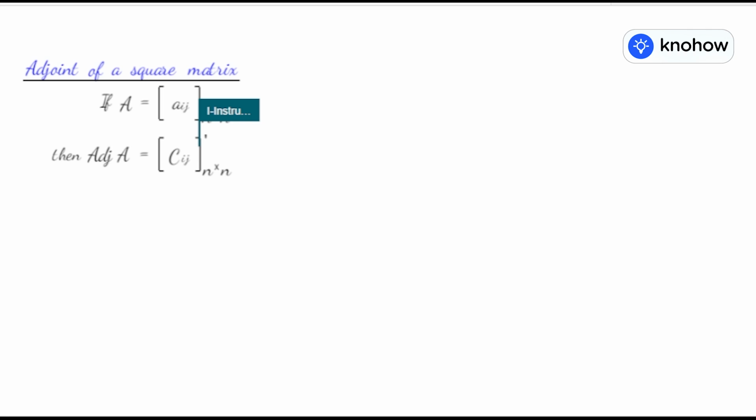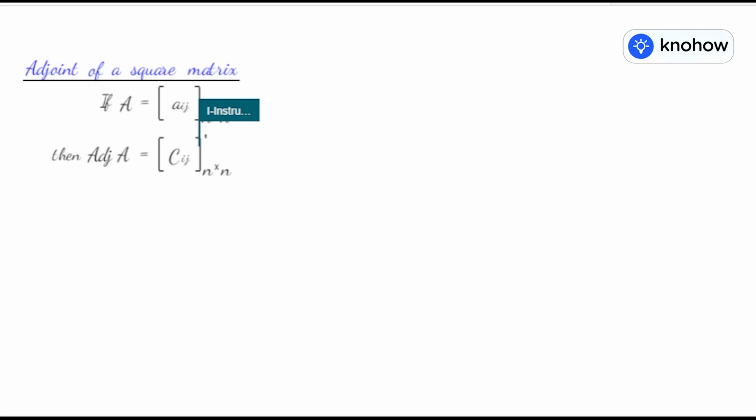Adjoint A is defined as the transpose of the n by n matrix Cij, where Cij is the cofactor of Aij. If you have A11, A12, etc., it will be C11, C12, etc. Each element is replaced by the corresponding cofactor and then you take the transpose.